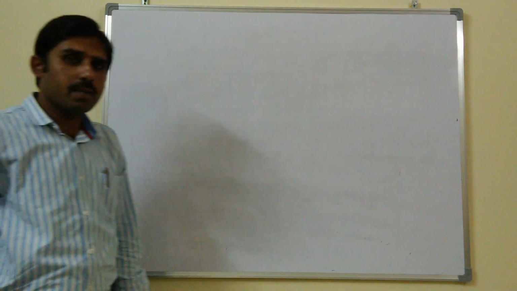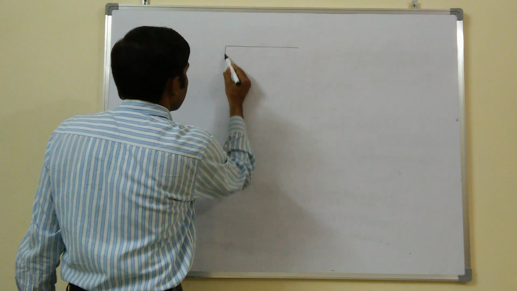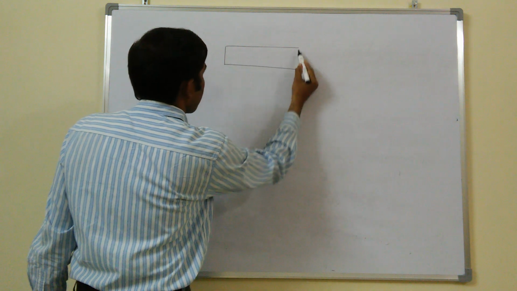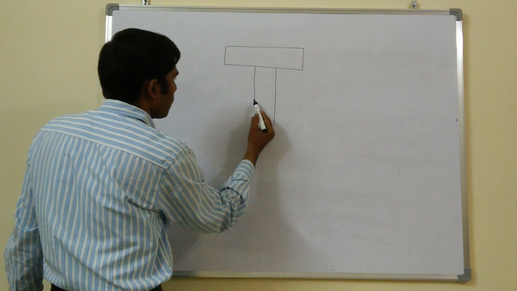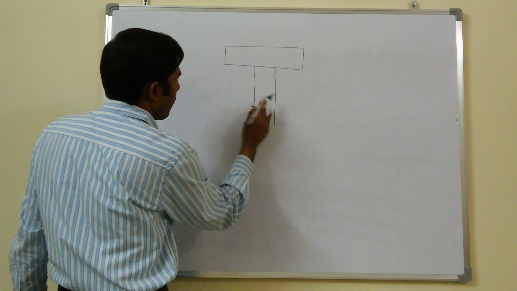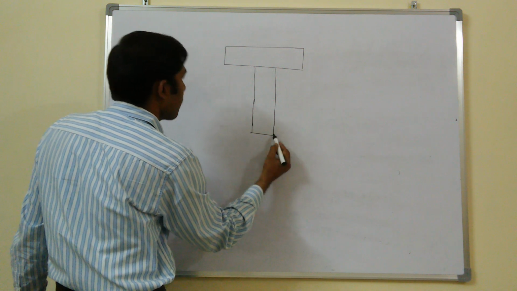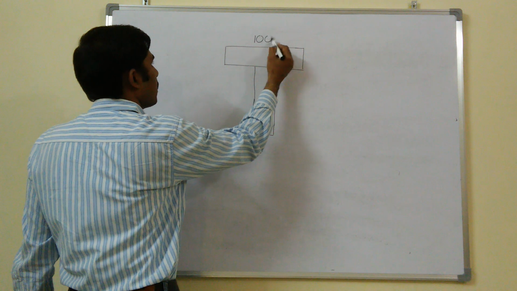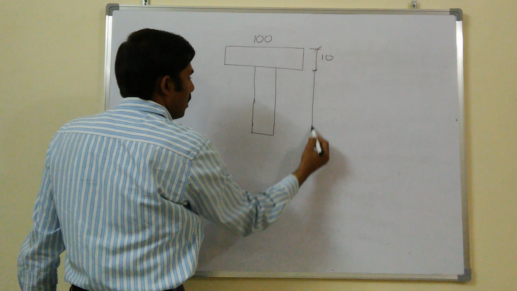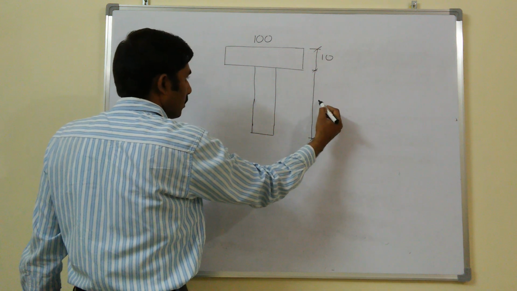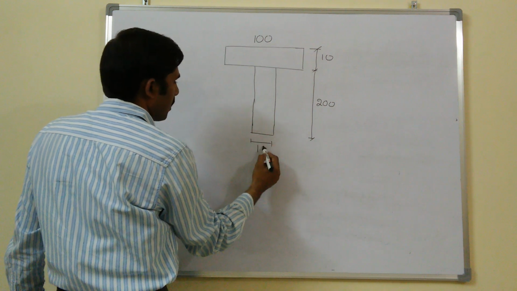Now we will find the plastic modulus of some other T section. The flange is 100 by 10 and the web is 200 by 10.